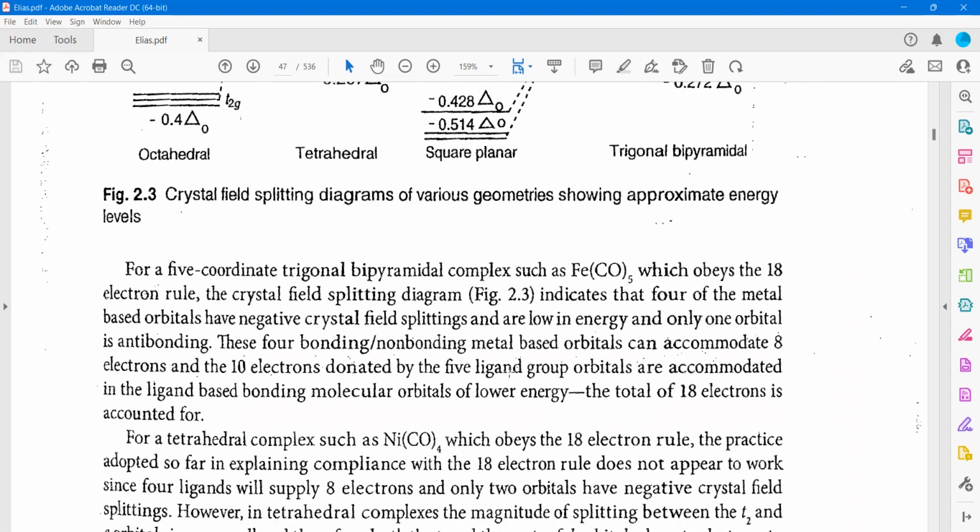So these 4 bonding and non-bonding metal-based orbitals can accommodate a total of 8 electrons, and the 10 electrons donated by the 5 ligands make it 18 electrons. This is how this 5-coordinate complex, not octahedral, also obeys the 18 electron rule.